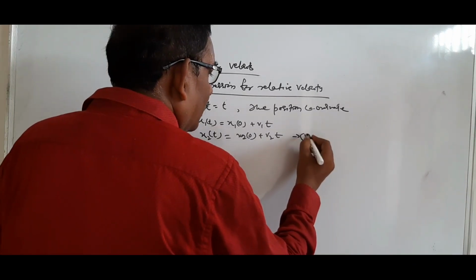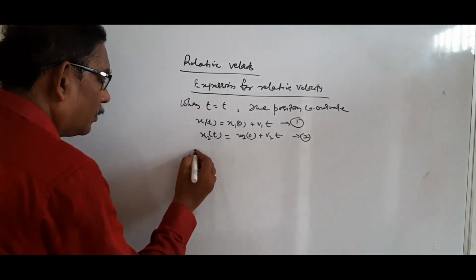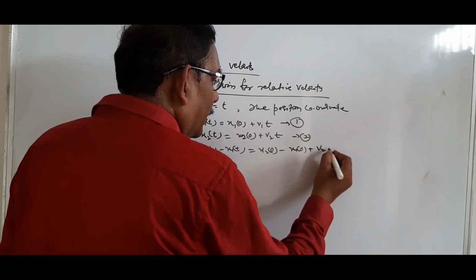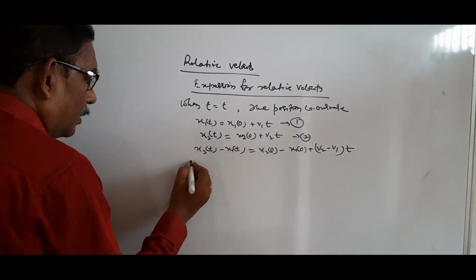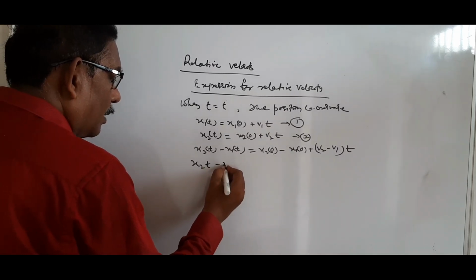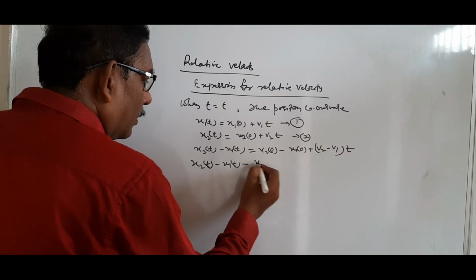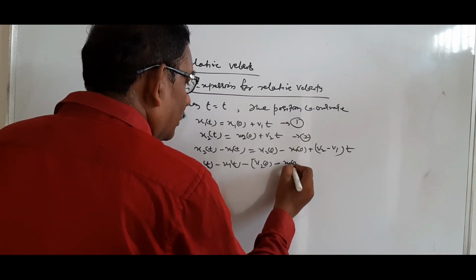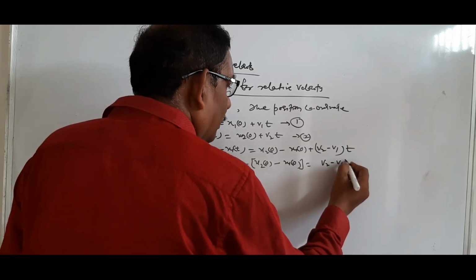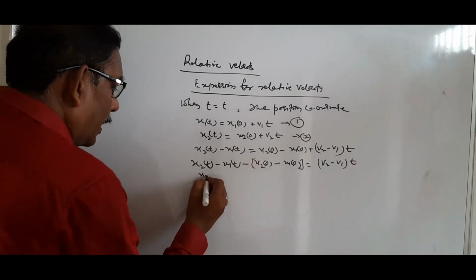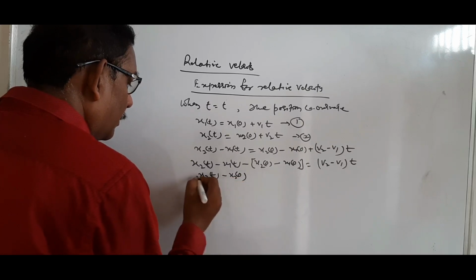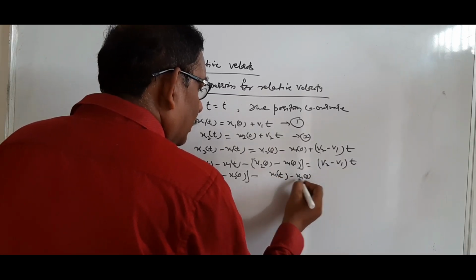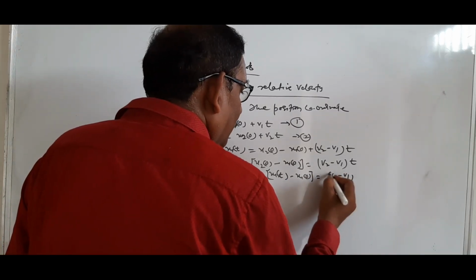Now subtract equation 1 from 2: x2t minus x1t is equal to x20 minus x10 plus (v2 minus v1) t, with t common. Or you can write it this way: x2t minus x1t minus (x20 minus x10) is equal to (v2 minus v1) t.